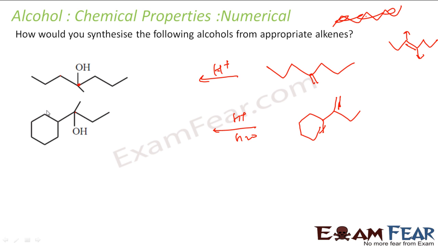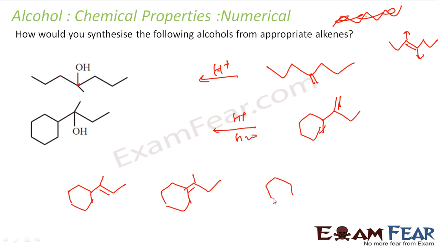See, I'll take the example. There are three possible options, right? Let me draw all three. One option is this, double bond here. One option is this, double bond here.